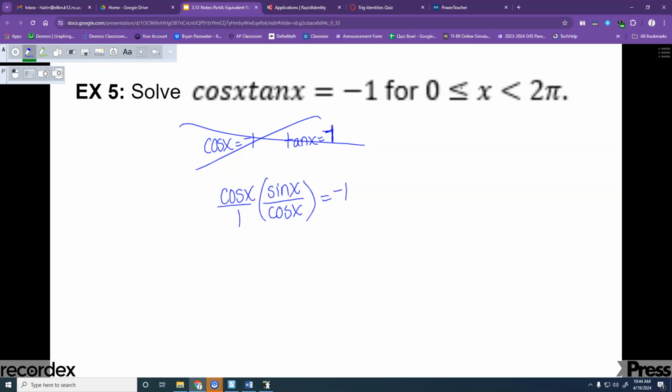What's going to happen? The cosines are going to cancel out. And so sine of x is just going to equal -1. And now we've got something like we were doing before. Where does sine equal -1? At 3 pi over 2. So that would be our answer.